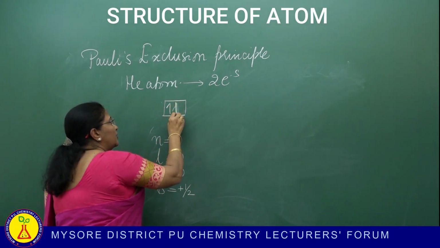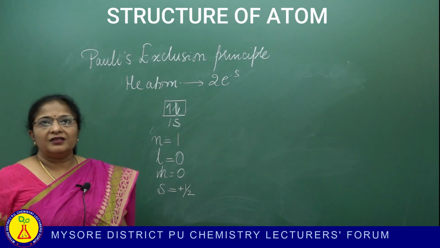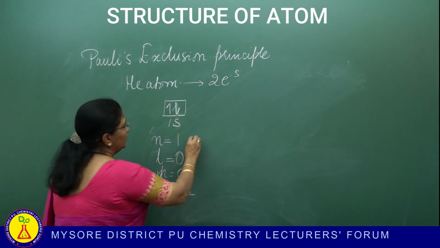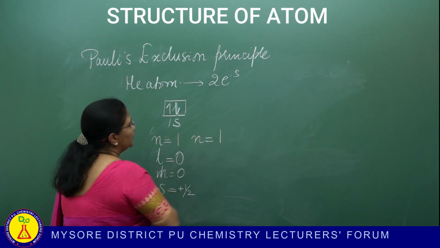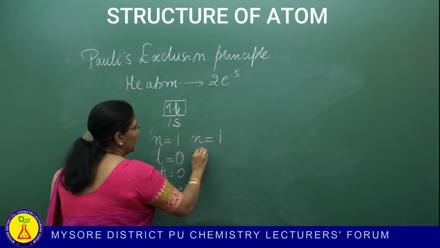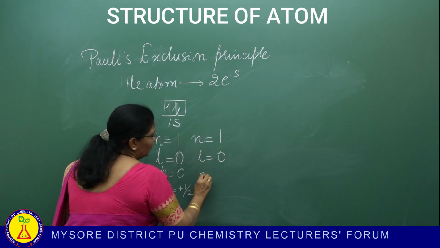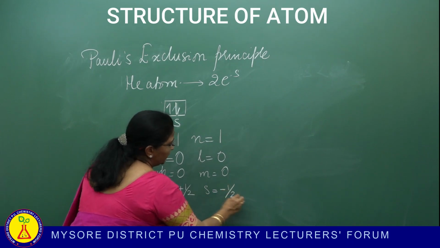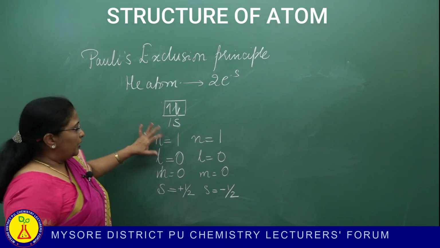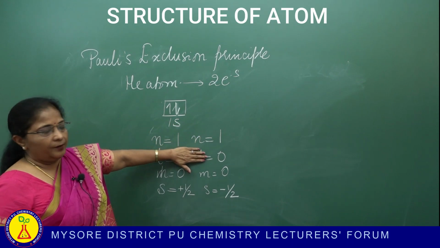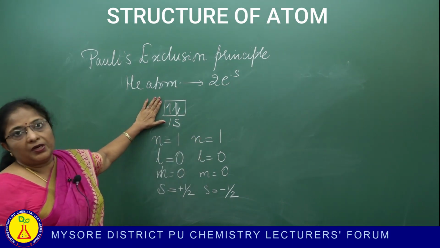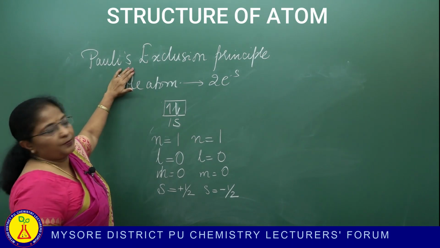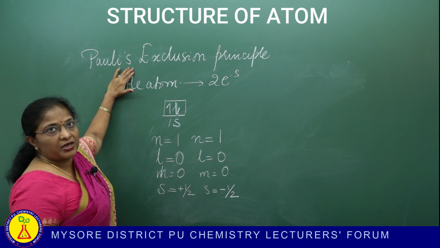Therefore, the electron is represented in the downward direction. Then for this electron, n will be equal to 1, L equal to 0, m equal to 0, and S is going to be equal to minus half. So even though these three are the same, the spin quantum number becomes different. Hence this explains Pauli's exclusion principle.